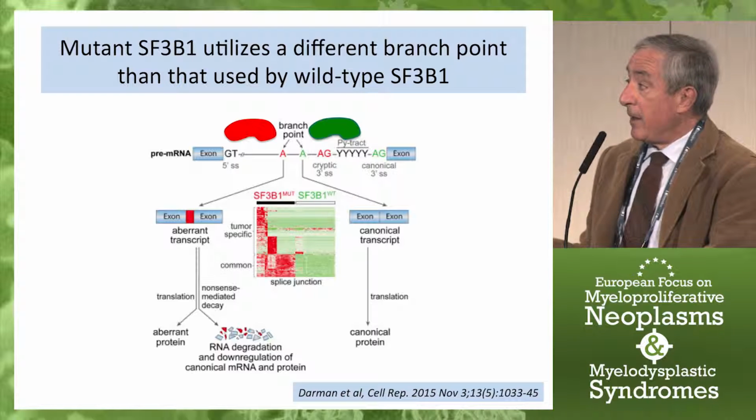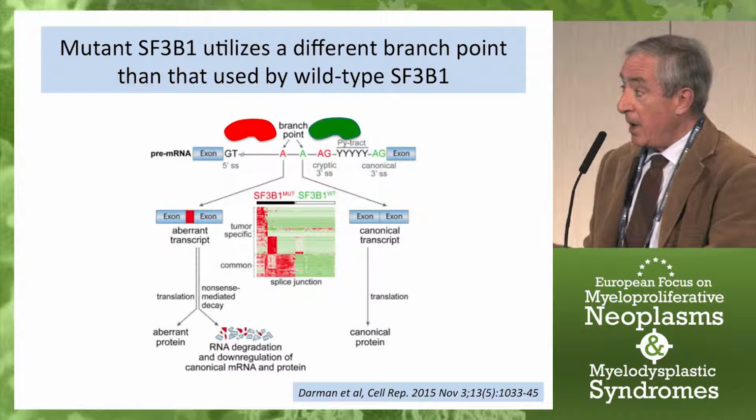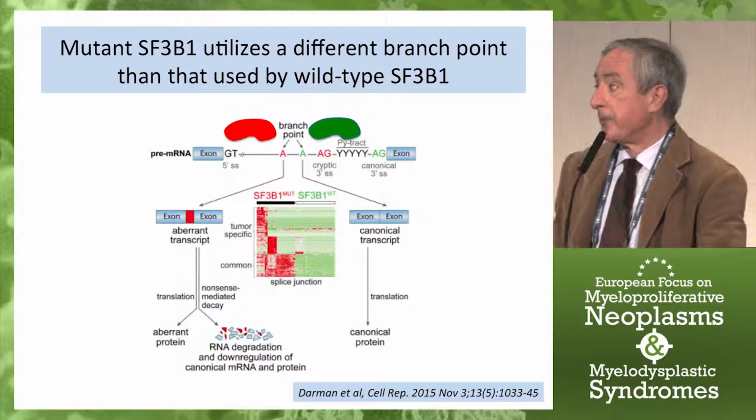But the abnormal splicing factor binds RNA upstream of the branch point, and this results in two types of events. First, frame shift, and second, aberrant protein production or nonsense-mediated RNA decay.